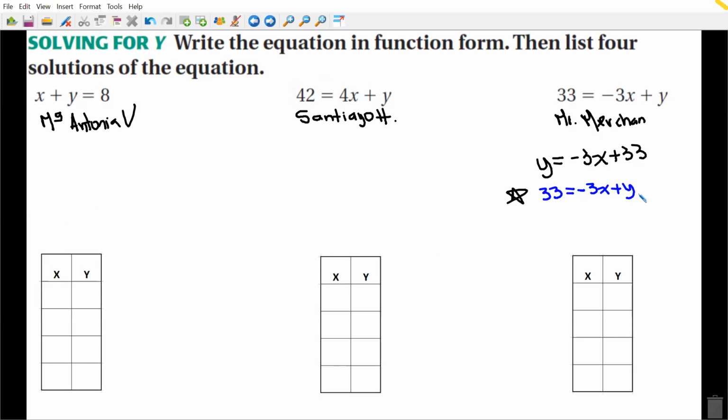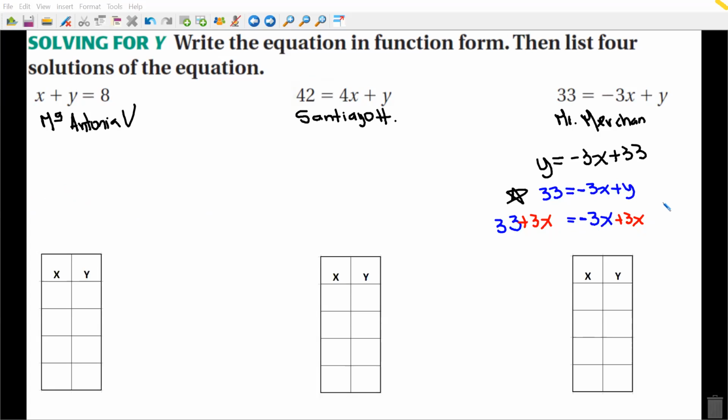Now, the first thing you want to do is isolate the y. You want to leave the y by itself, right? So I would recommend, you have a negative 3x, why don't you add a 3x? And what you do on one side, you also do on the other side, right?